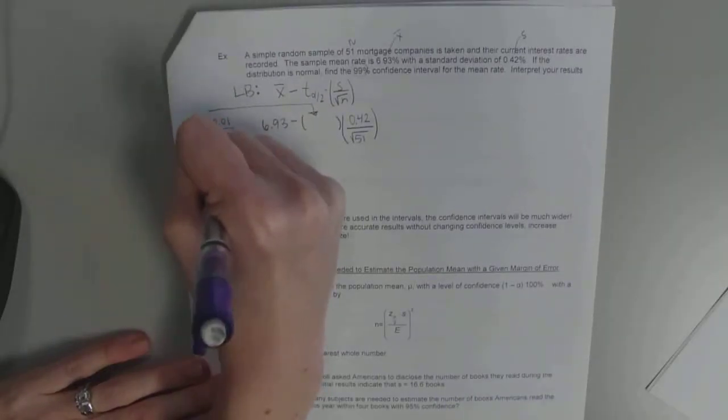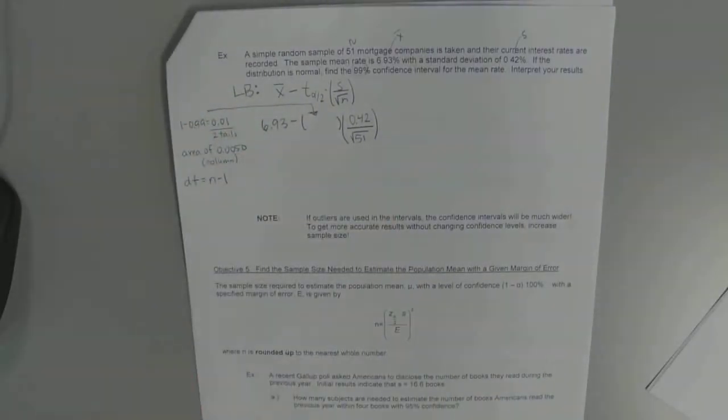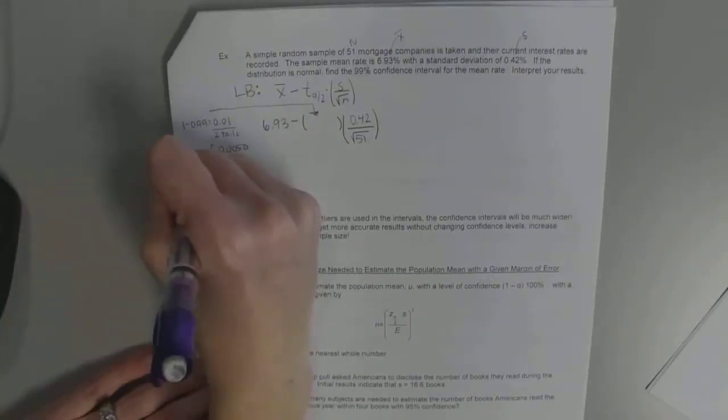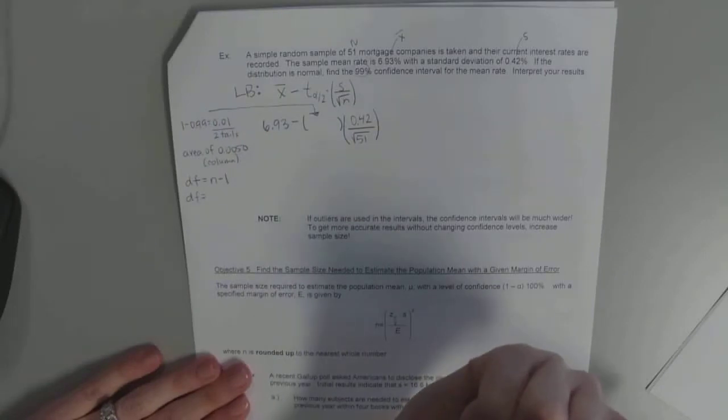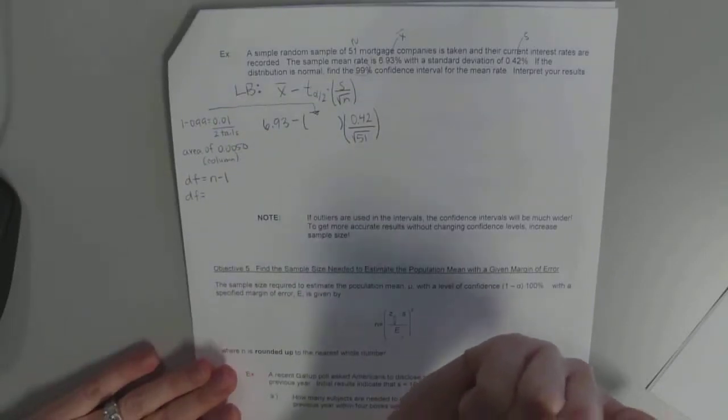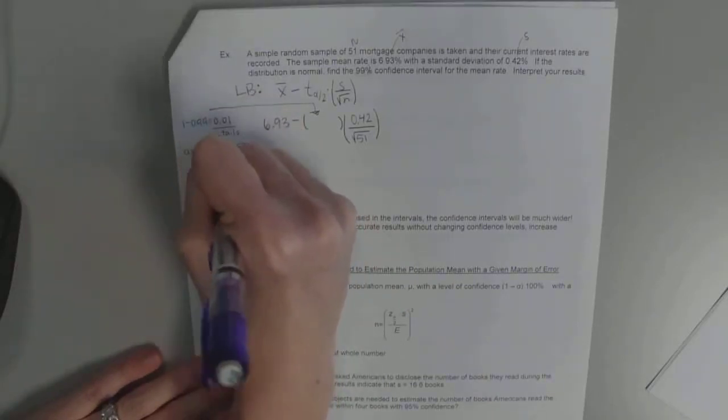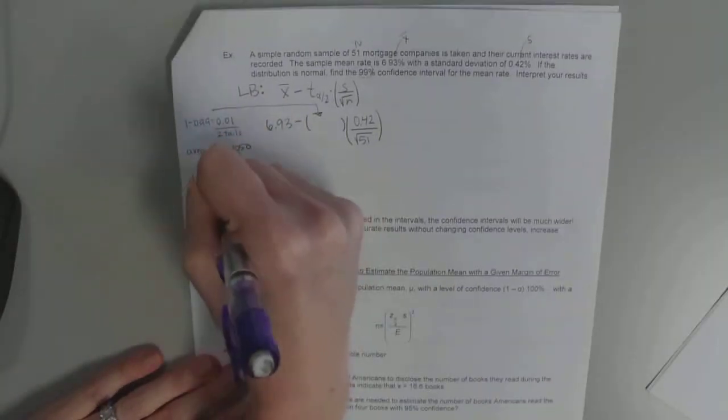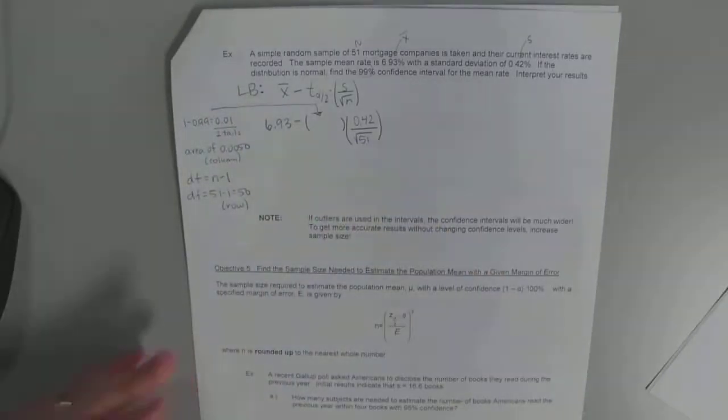Remember, your degrees of freedom are n minus 1. So what are our degrees of freedom going to be? 50, right? We're just going to take 51, our sample size, minus 1 and get 50. And that will tell us what row we need to go down to. So we're just trying to locate the correct critical value.